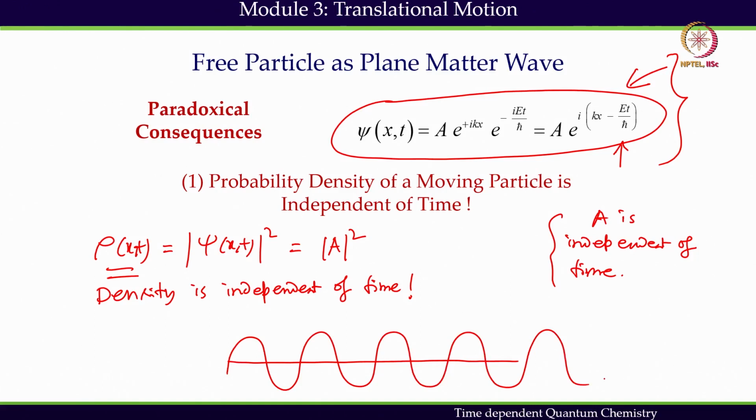This is the particle in quantum mechanics, and this particle does not have change in density. So, we are saying that it is a particle which is moving in one dimensional space, with a particular momentum velocity, but on the other hand we are saying that density is not changing. It is totally contradicting. So, it is a strange consequence, we cannot accept this.